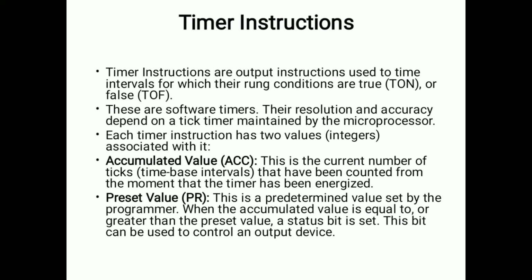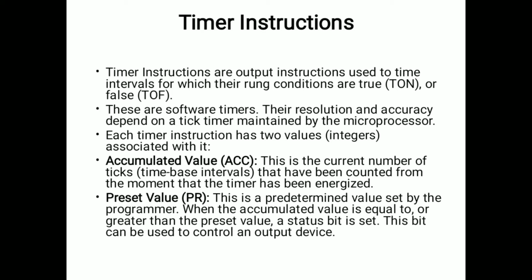We have two type of timer instructions, and two values associated with them. One is called accumulated value, represented by ACC, and another is preset value, represented by PR. Accumulated value represents the current number of ticks, or the time base interval.